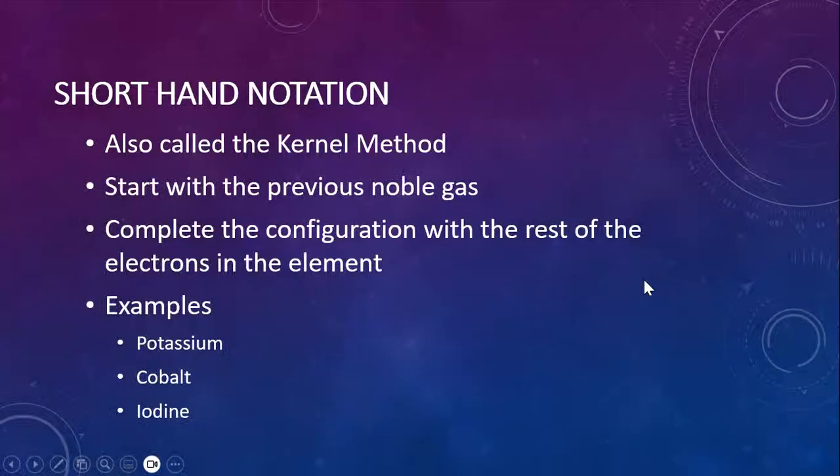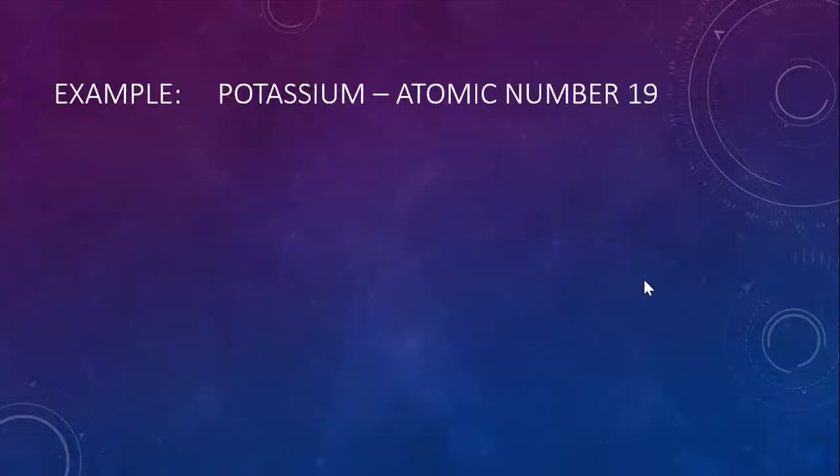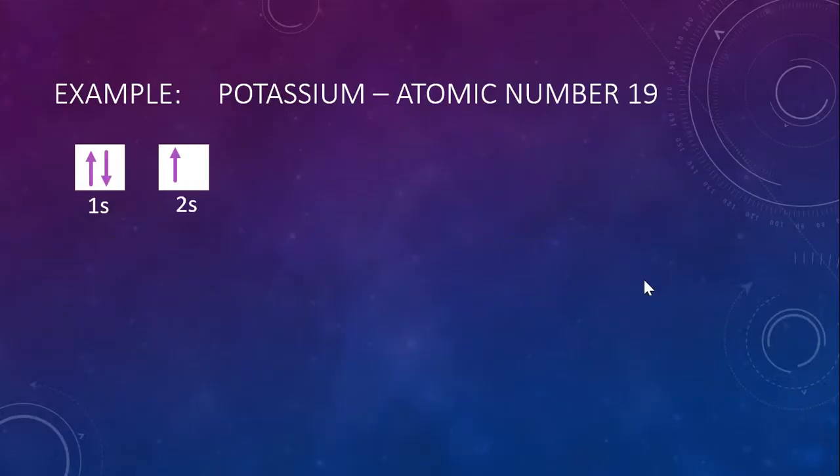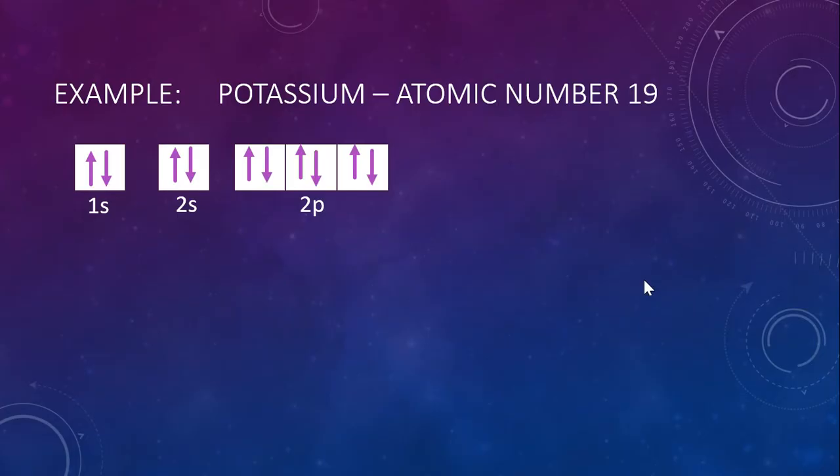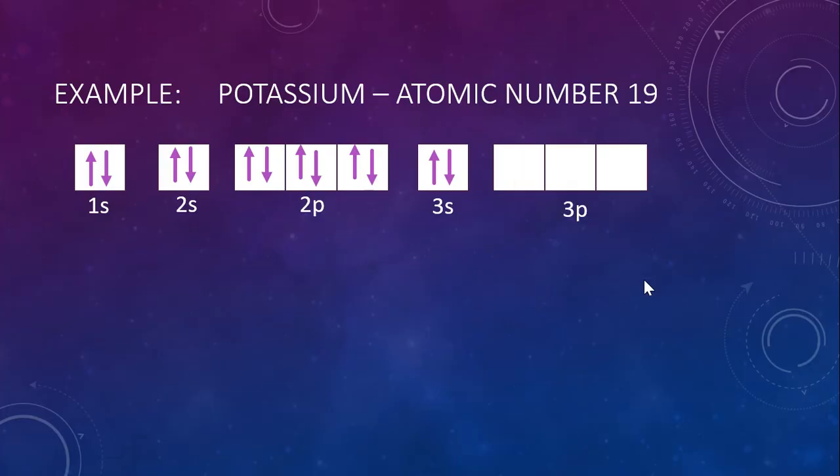So what are we going to do with that? Let's try one. Let's do potassium. We're going to do our orbital notation again. I've got 19 electrons. 1s, 2s, 2p, that's 10 electrons. 3s, there's 12 electrons. 3p, 12 plus 6 is 18.